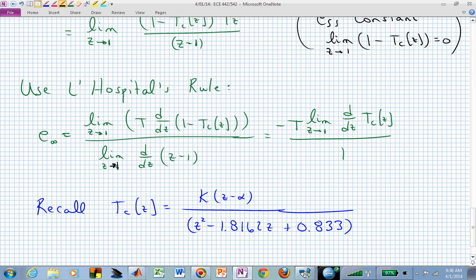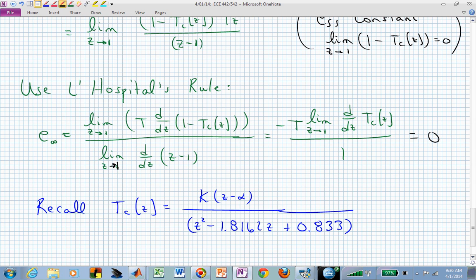Remember what we had for our transfer function, T sub C of z. That's the desired. We haven't yet specified what k might be and what alpha is, but now we might be in a better position to see if we can force this expression to equal 0 by the choice of k or alpha.